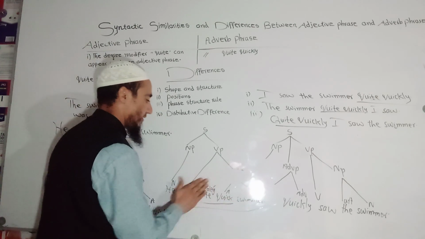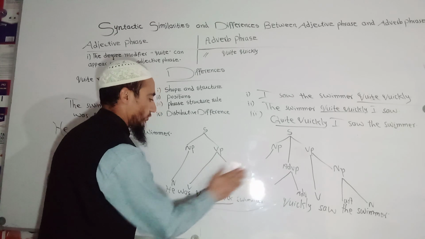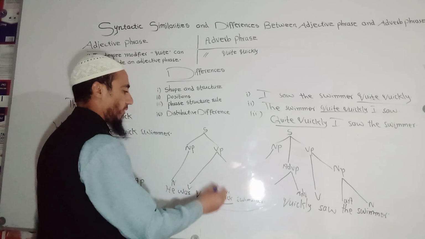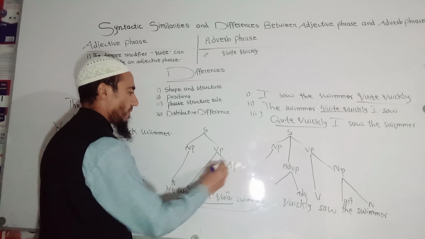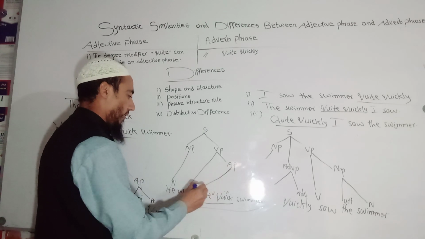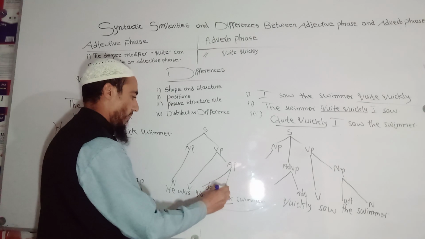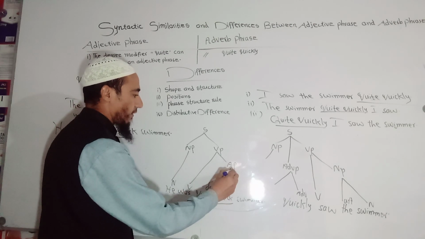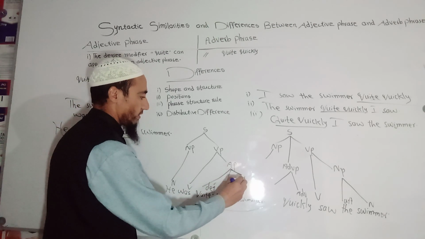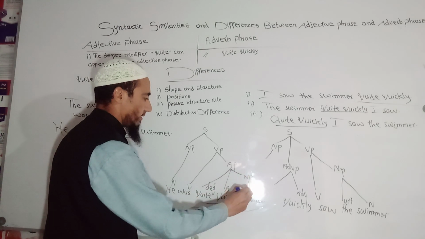Another method is to take a separate string for quite quick: AP, with a degree modifier and A meaning adjective, and then another string, NP, and N.